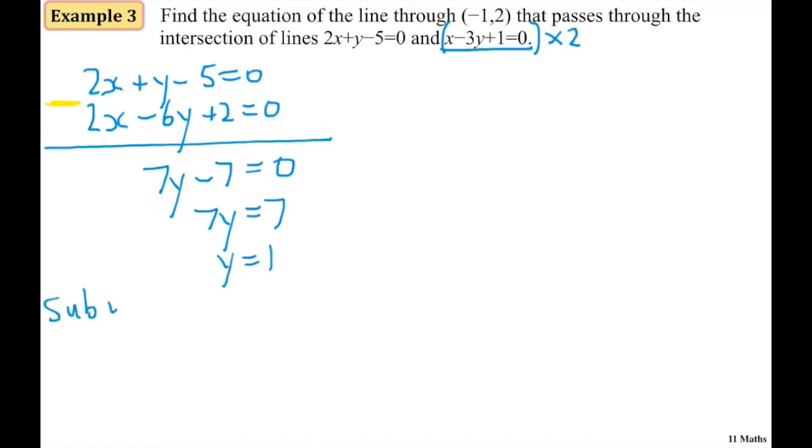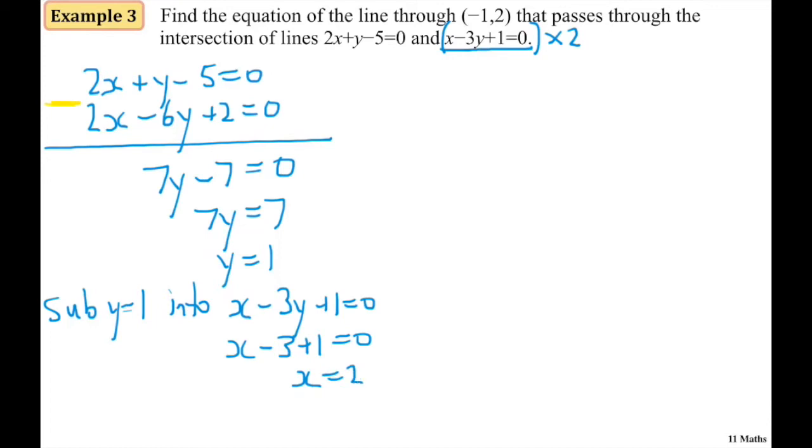If I sub y equals 1 into, now I want the easiest one, which will be the original equation before I times it by 2, because it's got the smallest numbers, so I'll use that one. So I get x minus 3 times the y, which is 1, so minus 3 times 1 is minus 3. Minus 3 plus 1 gives minus 2, add that to the other side, and I get x equals 2.